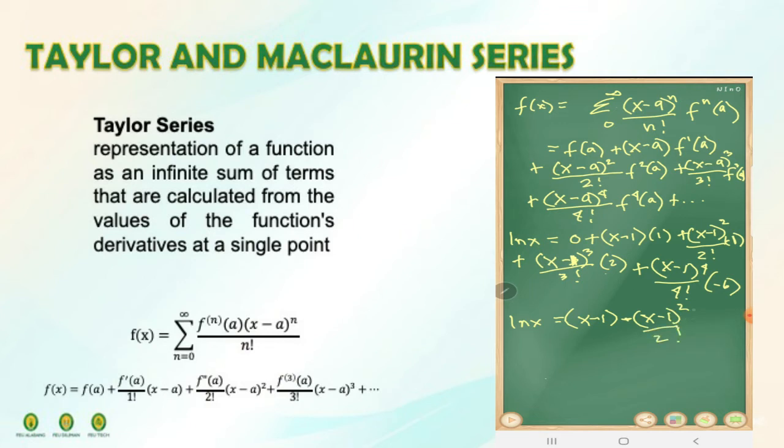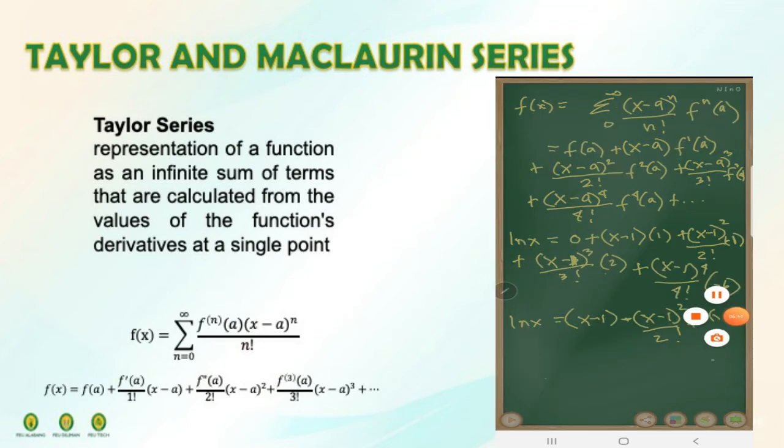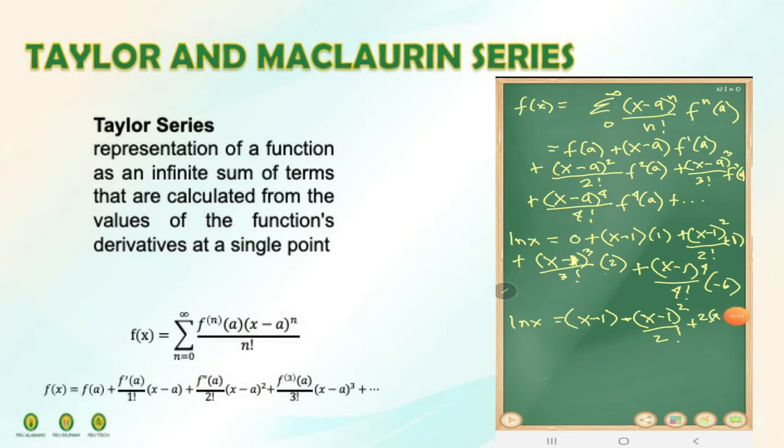This one is 2, so plus 2 multiplied by (x minus 1) raised to the third power over 3 factorial, minus, this one is 6 multiplied by (x minus 1) raised to the fourth power over 4 factorial.